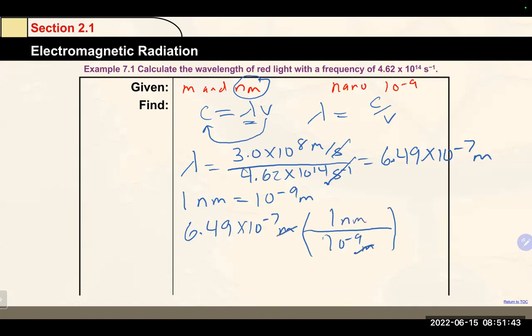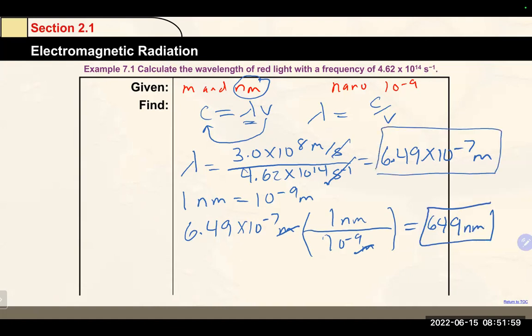The meters will cancel. So we're basically taking this and dividing it by 1 times 10 to the minus 9, and that's going to give us 649 nanometers. Any questions on either of those calculations?